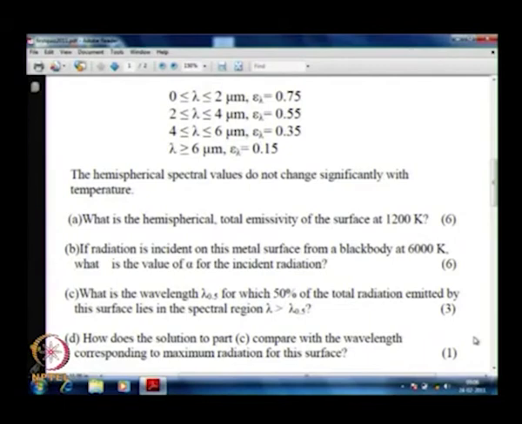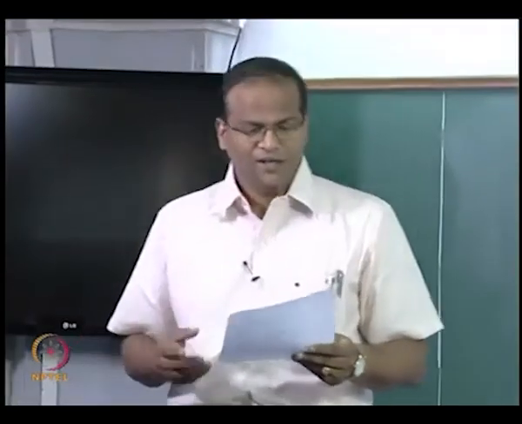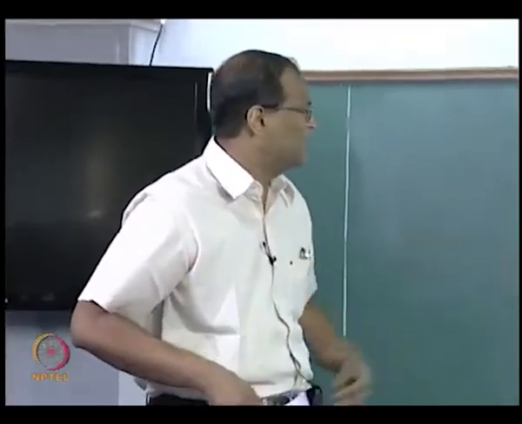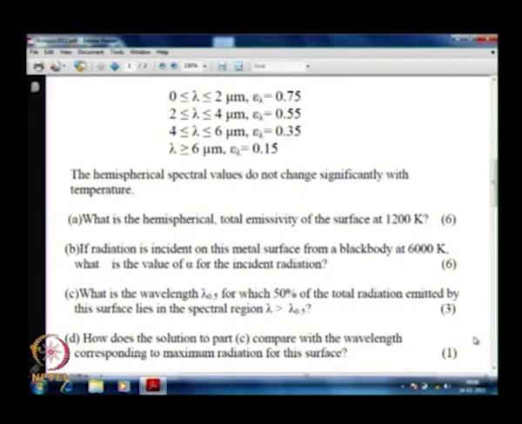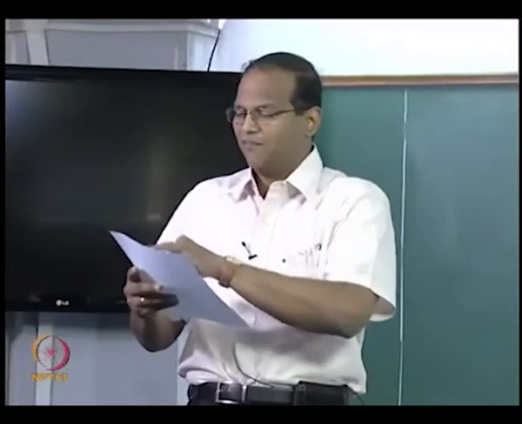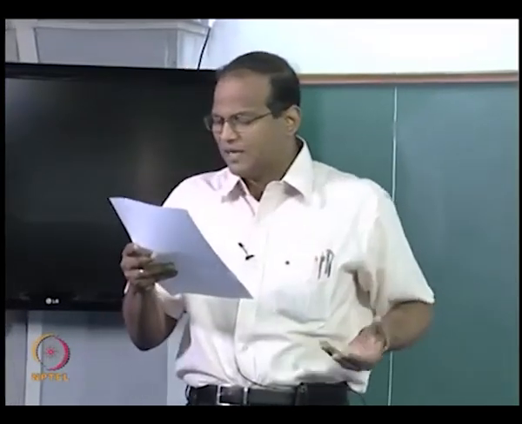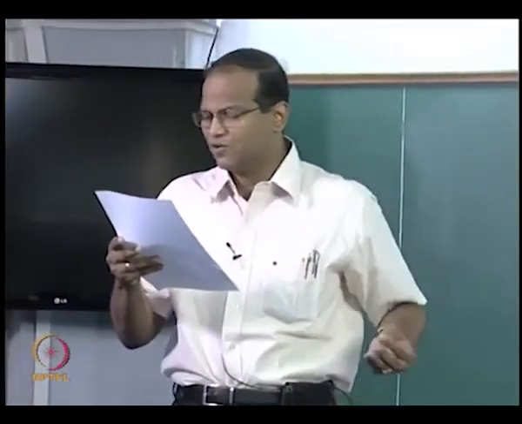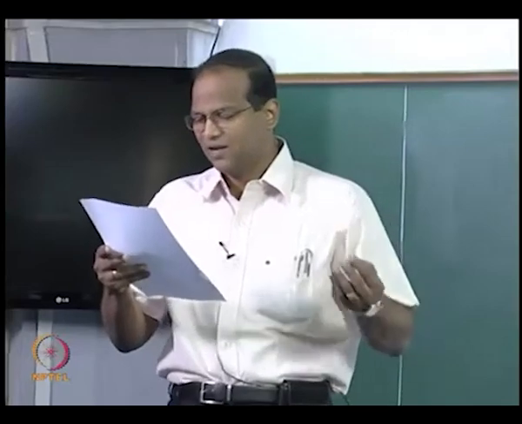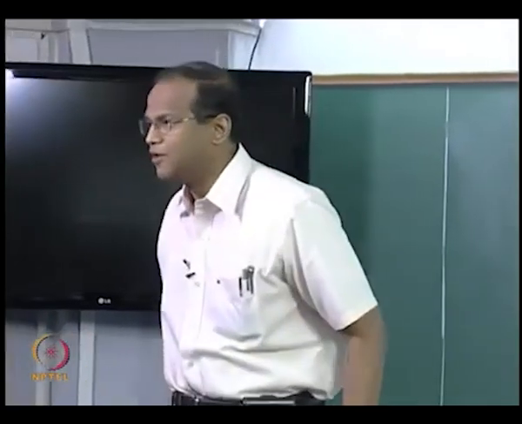Now, all of you have this f function chart. When I asked what is the wavelength for which 50% of the radiation is emitted, all of you thought that you must go to the last column, column number 5, and find the black body fraction where it is 0.5. It is not exactly 0.5: at 4000 micrometer Kelvin it is 0.48, at 4200 it is 0.516.